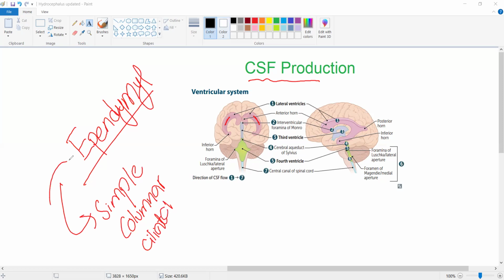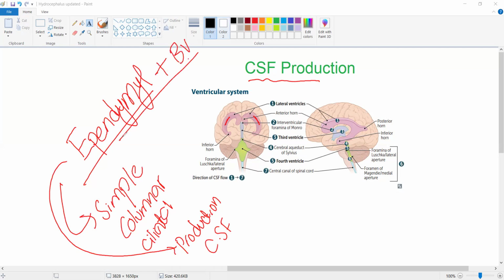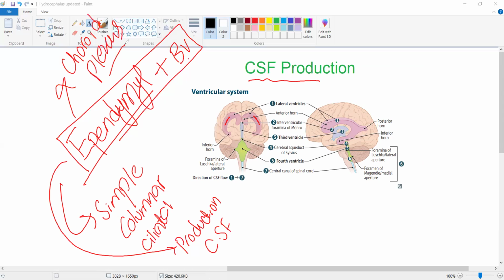They are involved in the production of CSF. Ependymal cells and blood vessels form the choroid plexus, and this choroid plexus is basically involved in the production of CSF.